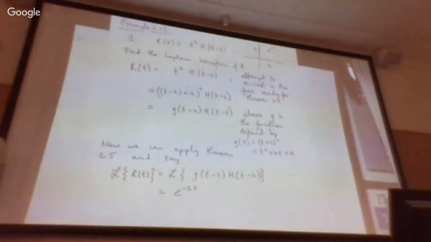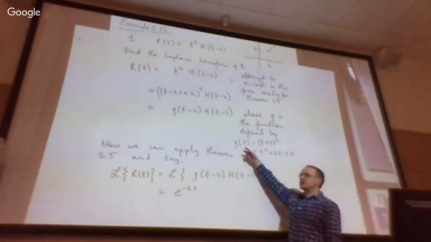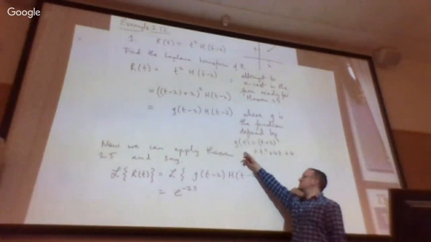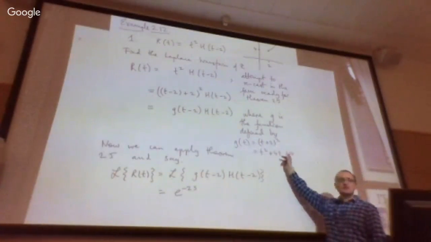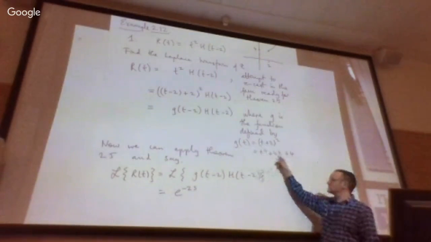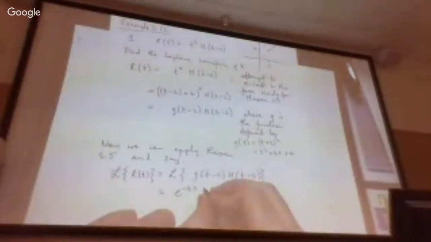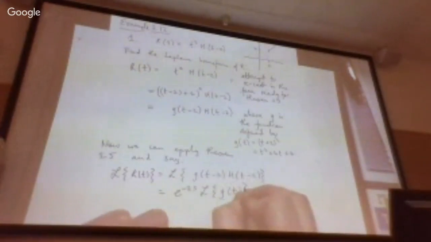Multiplied by, well, in the theorem it says multiplied by capital F, but here that means multiplied by capital G, the Laplace transform of this function. Not of it evaluated at t minus 2, just the Laplace transform of this straight function, t squared plus 4t plus 4. So this is going to be the Laplace transform of g of t.